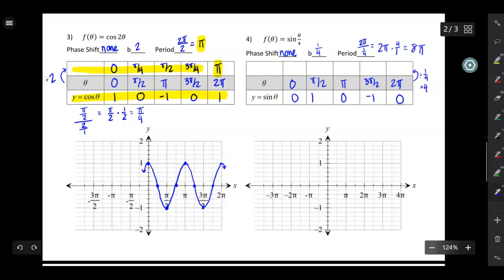So I'm going to multiply all of my theta values by 4. So 4 times 0 is 0. 4 times pi halves is going to be 2 pi halves. 4 times pi is 4 pi. 4 times 3 pi over 2 is 6 pi. And then 4 times 2 pi is 8 pi.